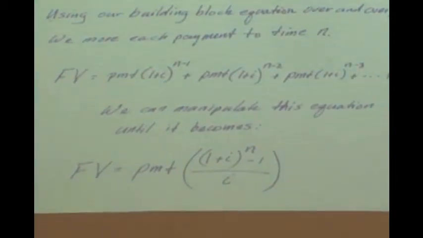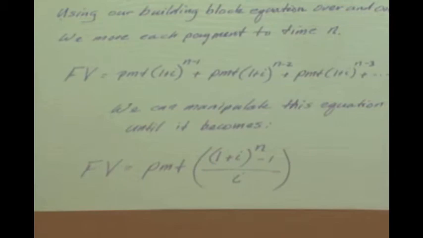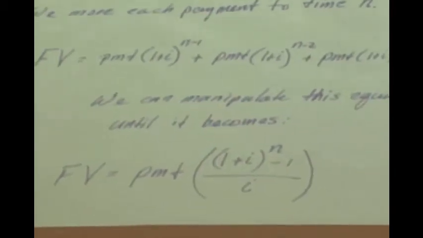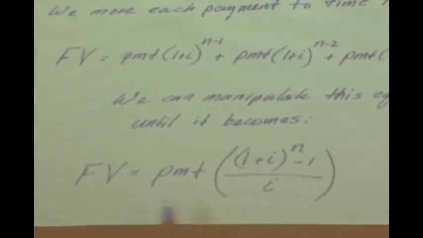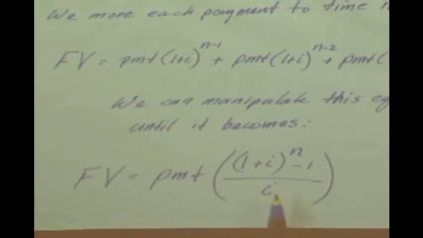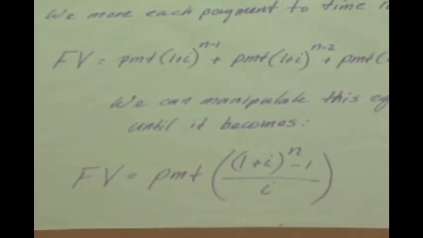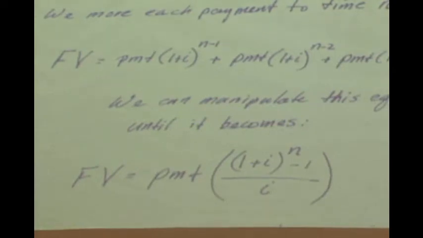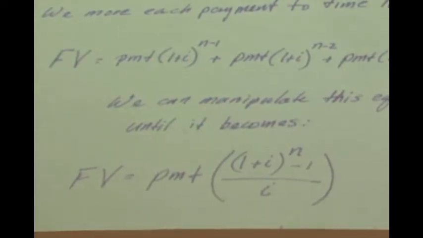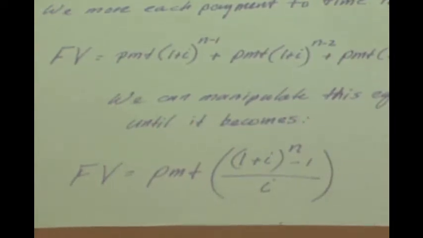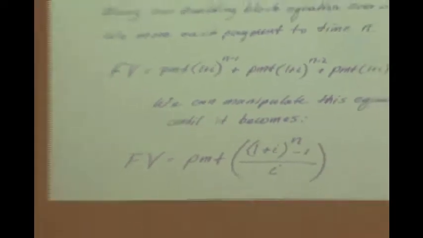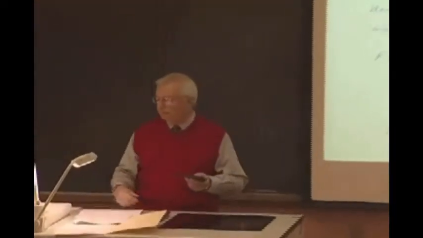The future value of our stream of payments is equal to the payment amount times this factor, 1 plus i to the nth power minus 1, all divided by the interest rate. And again, this is the factor that is programmed into your financial calculators. But even if you're just using your y to the x button, you can very easily work with this equation.